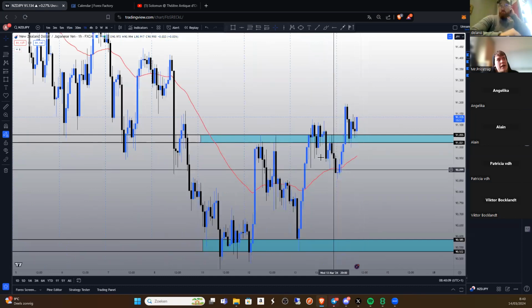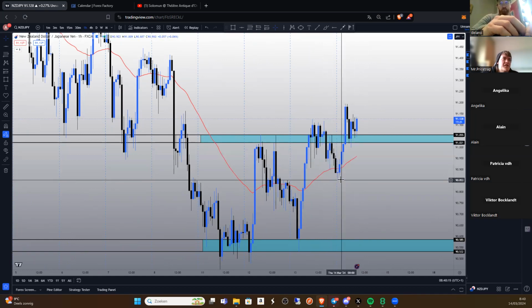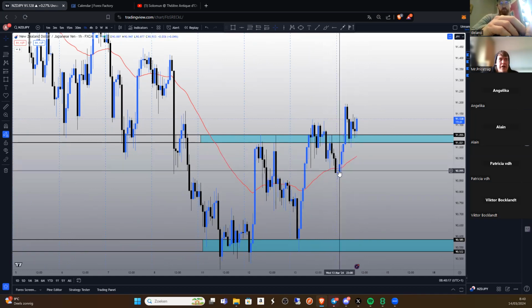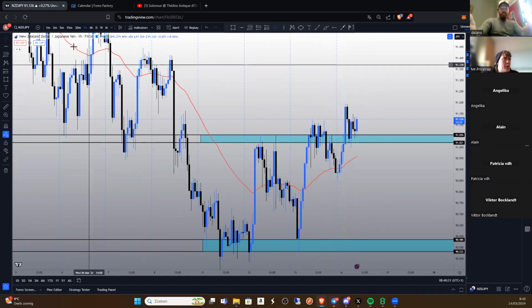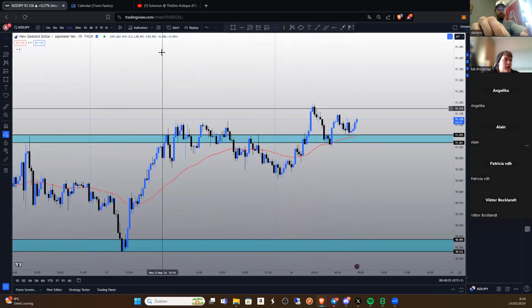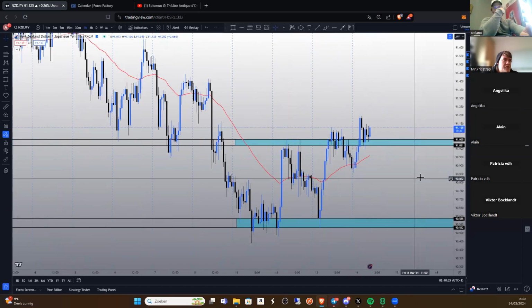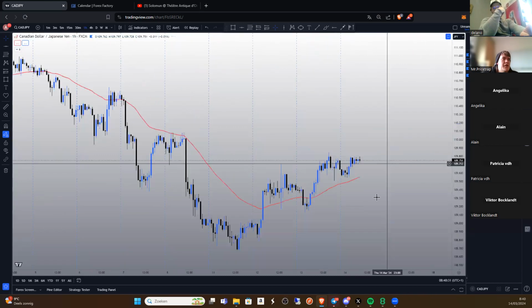So for NZD/JPY, it depends a little bit where you reacted. If you reacted here on this very first retest, you'll probably catch the stop loss here, but after spread hour, you did have some new opportunities to react on the price action, all right? But don't worry about it. If you took stop loss on this one, it is what it is. Just move on to the next one, all right?